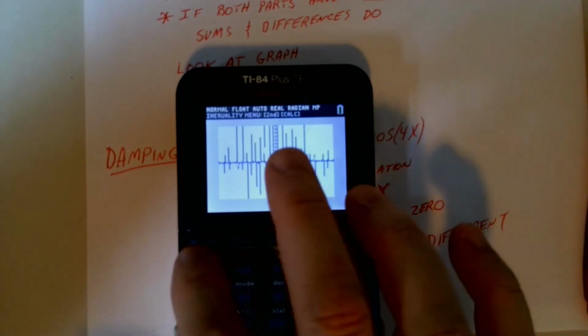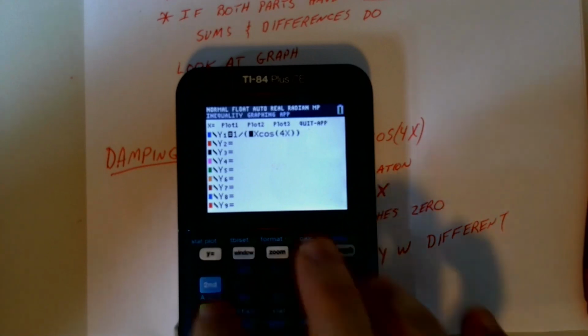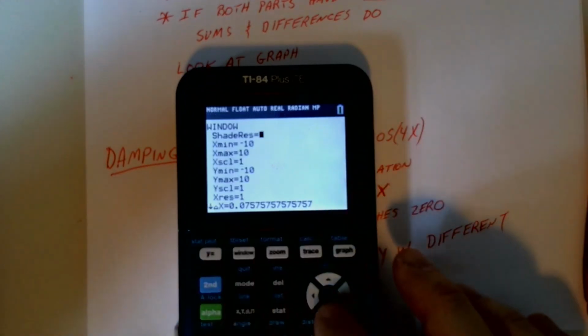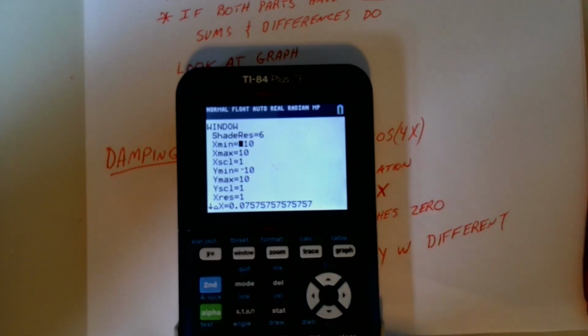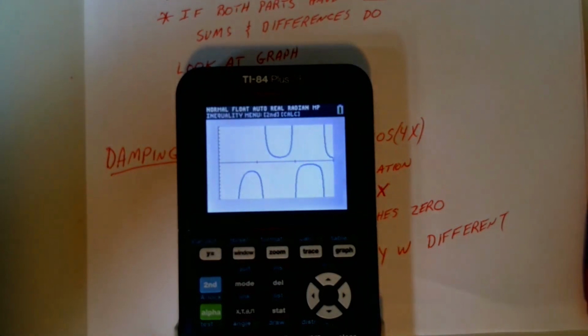So if I wanted it to go here, I might go ahead and insert a decimal place, but instead of my window going negative 10 to 10, I might just go 0 to, say, 3. And now you can see it a little bit better. We're just going to highlight some of them. So you can see each one of these little humps is getting closer and closer to the x-axis.